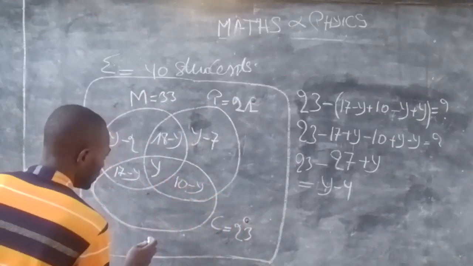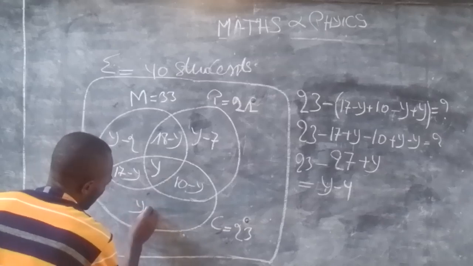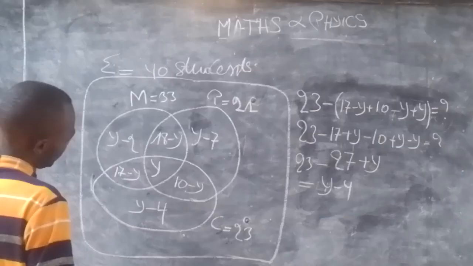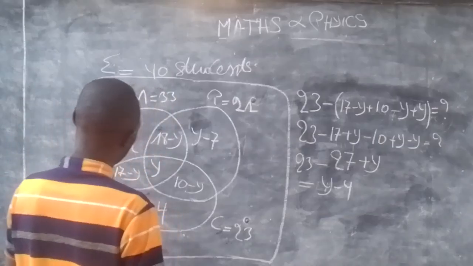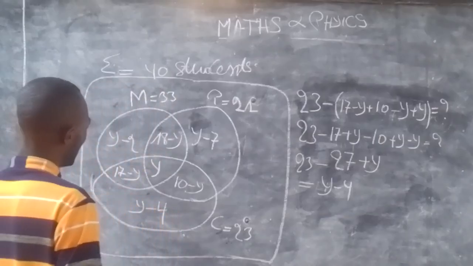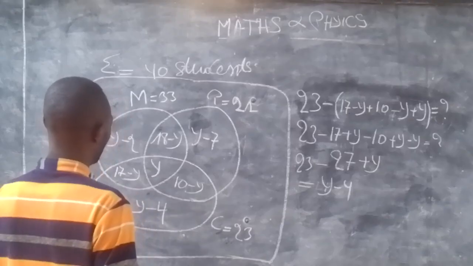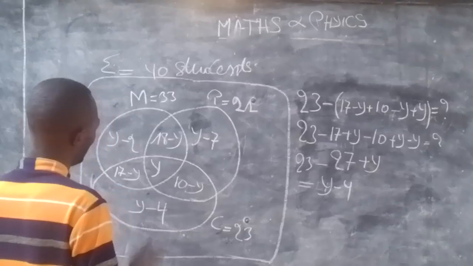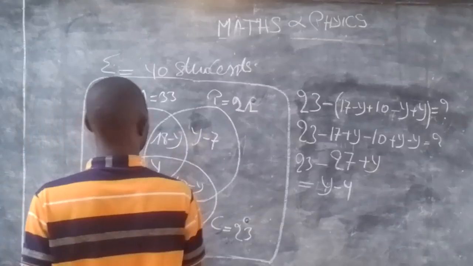So we are asked to determine the number who participates in mathematics only and the number who does not participate in physics.